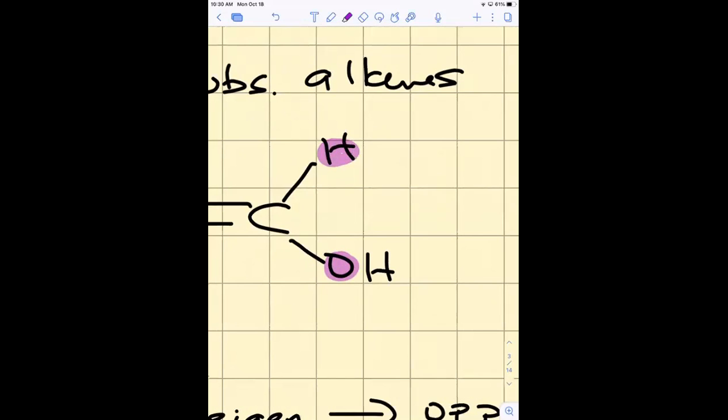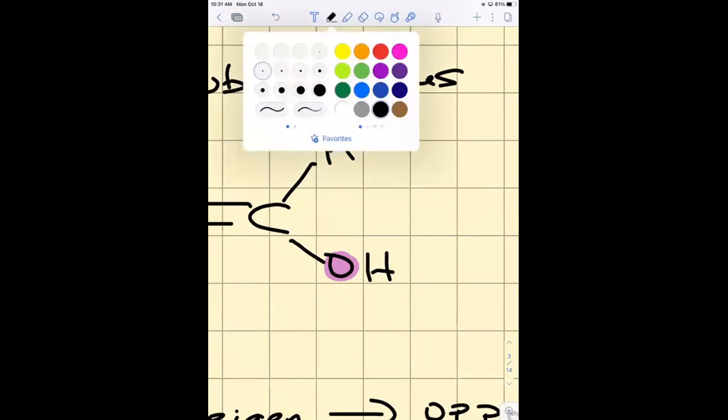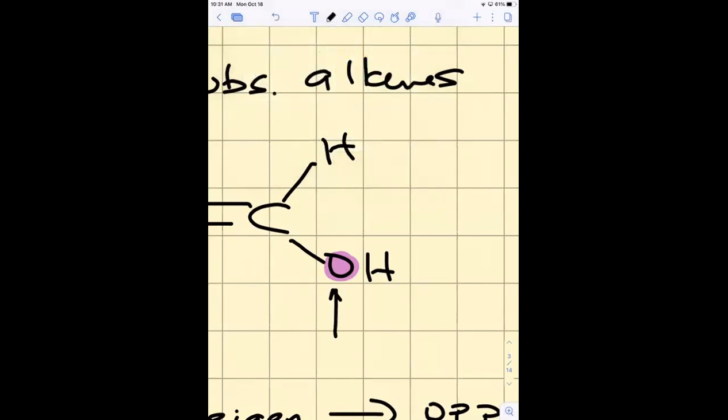Oxygen has an atomic number of 8, and hydrogen has an atomic number of 1.